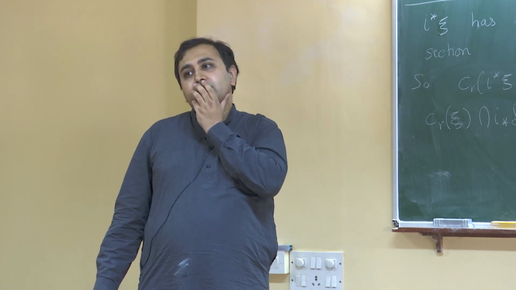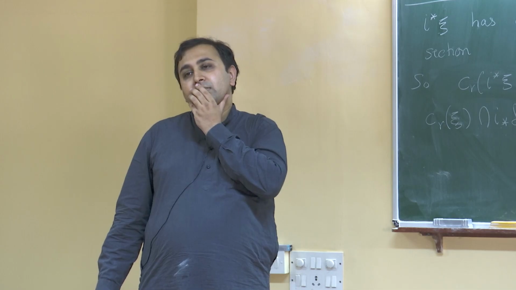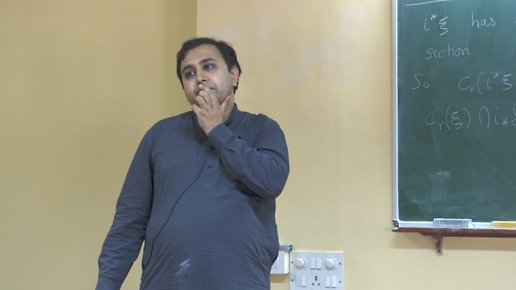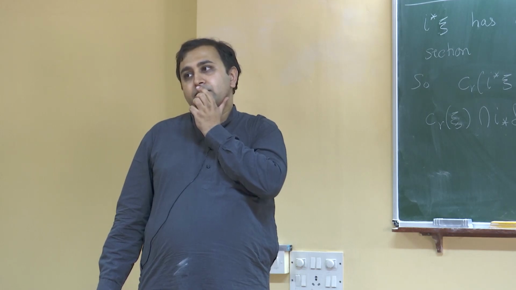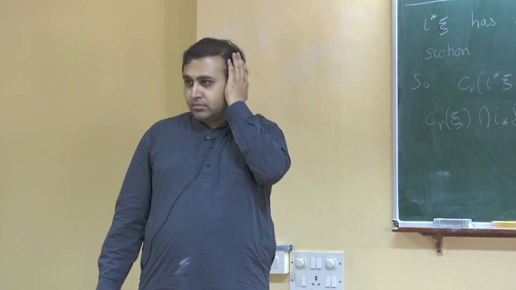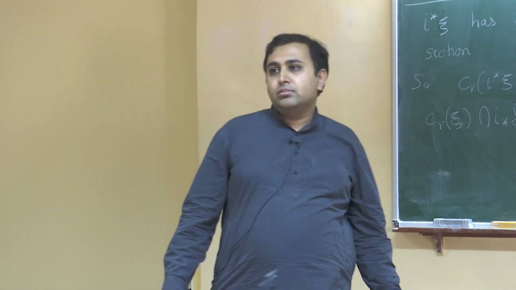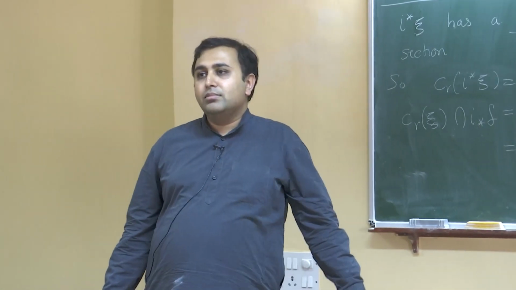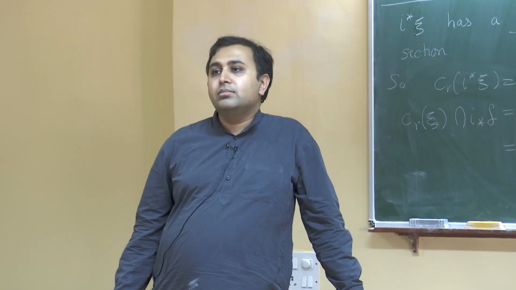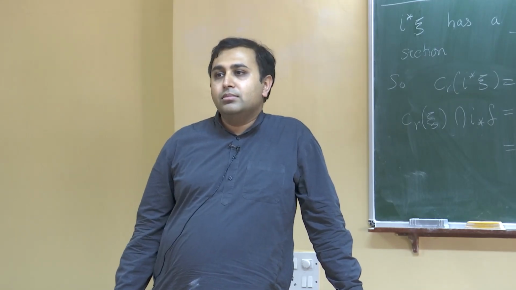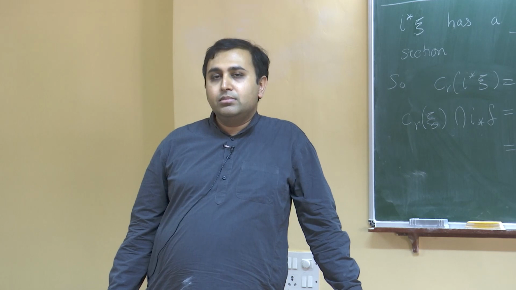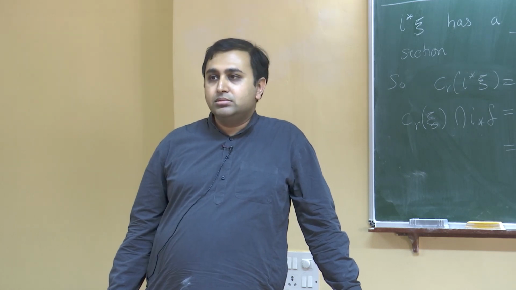So imagine the base space is a point. Then E is 1 and the extra is 1. Base space is a point. We have P1. P1 has an O minus 1 inside it.